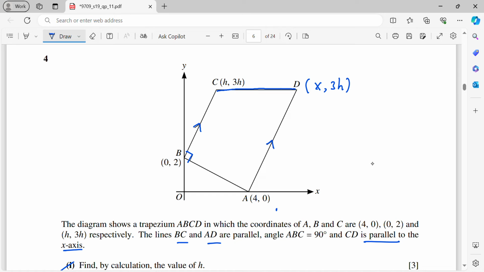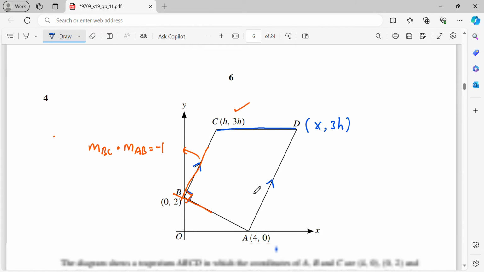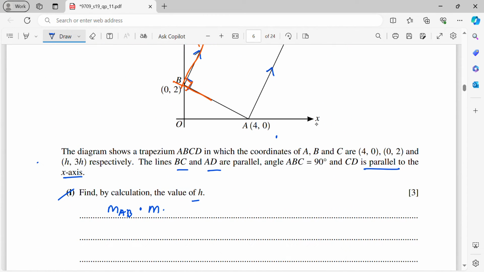So now to get the h value, look at this. Here is the 90 degrees. That means I can say that gradient of BC multiply with gradient of AB equals to minus 1 because of this 90 degrees. Then you will be having the h. And now we can solve the h using this formula. So I will write MAB times MBC equals to minus 1 because of the 90 degrees.